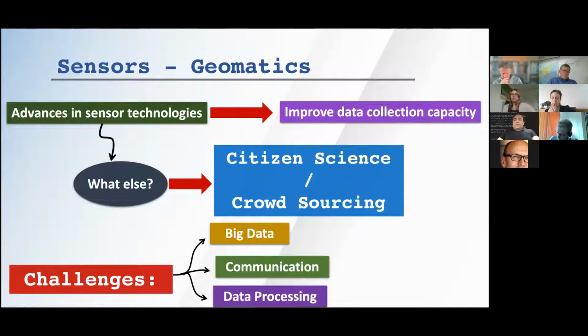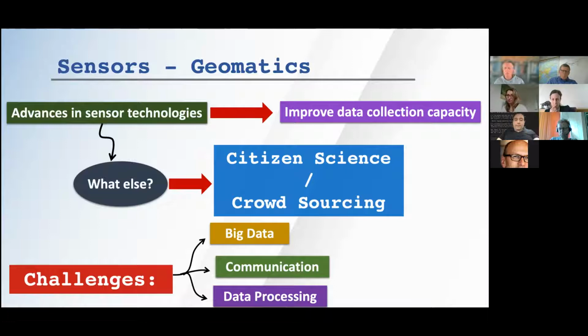So I just put these three key terms here because I believe that these three key terms are important to understand what is behind this technology and how these technologies are evolving in the field of geomatics.